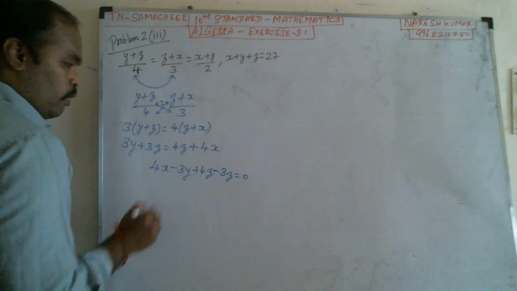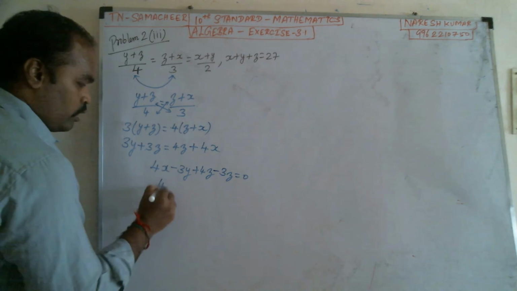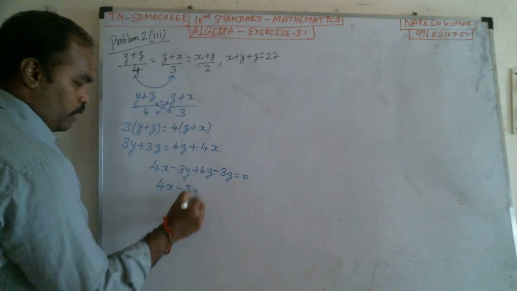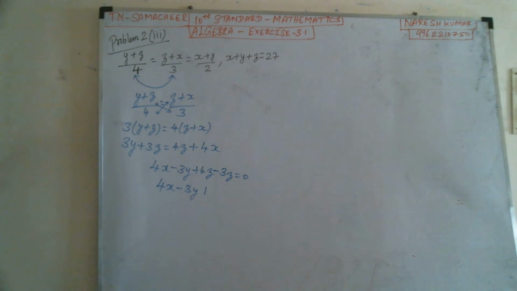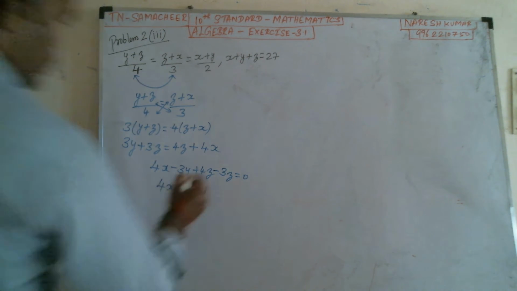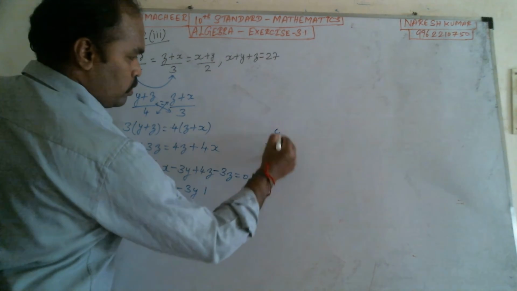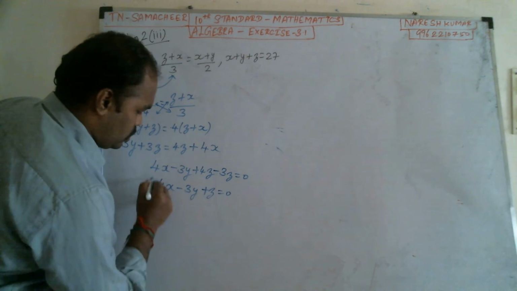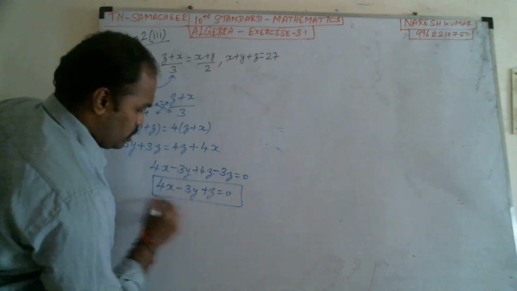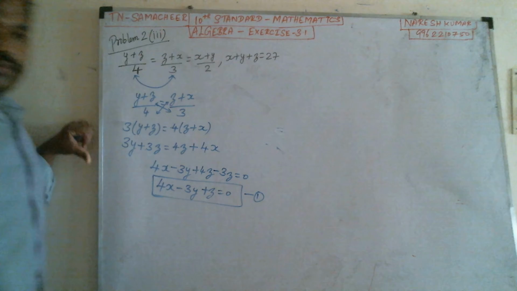Next, 4x minus 3y plus 4z minus 3z: plus 4z and minus 3z is plus 4 minus 3, which is 1. So plus z equal to 0.